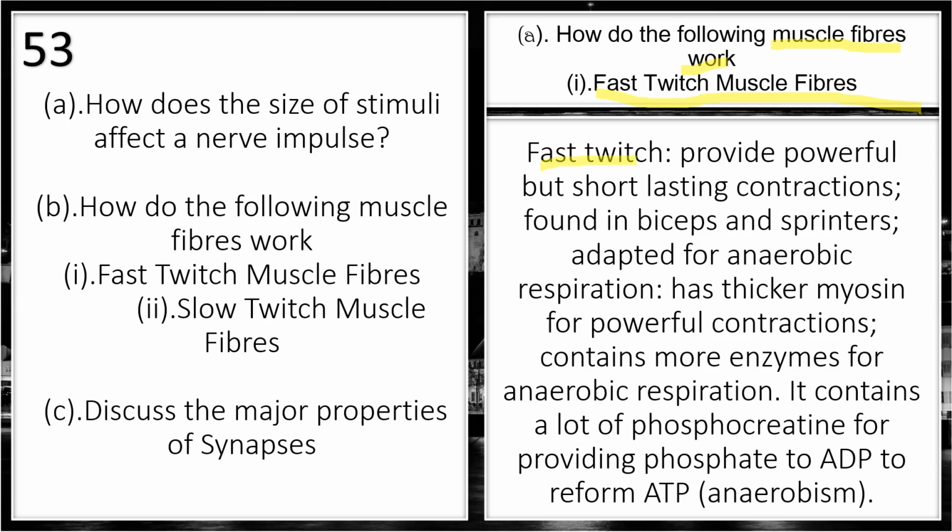Fast twitch provides a powerful but short-lasting contraction, found in biceps and sprinters, adapted for anaerobic respiration, has thicker myosin for powerful contractions, and contains more enzymes for anaerobic respiration.